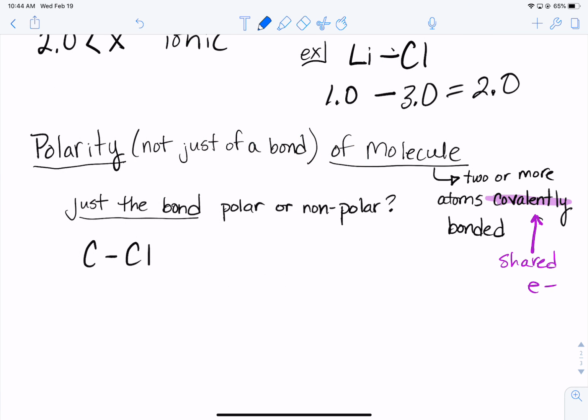Let's figure out if just this bond is actually polar or non-polar. What is the electronegativity? So turn to page 174 of your textbook, and you could have just one or two out at your table. 174, in your workbook. Good. Alan, what is the electronegativity of carbon? 2.5. Good. Nadia, what's chlorine?